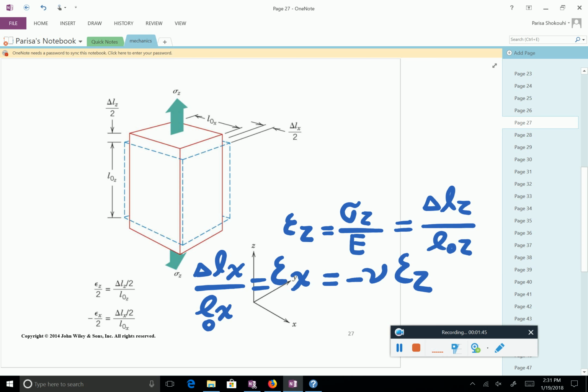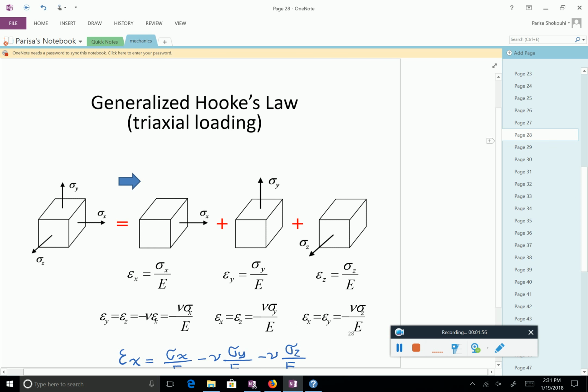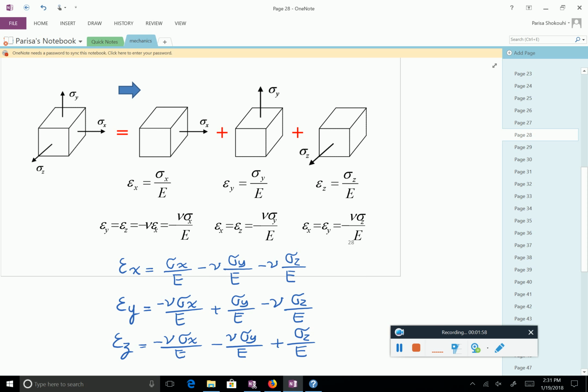And one of the things we did last time was look at the more general triaxial case. You probably remember this one. We said, okay, if you have a triaxial stress state, then you can think about it as a combination of three uniaxial stress states. For each one, you can write the strains in all three directions.